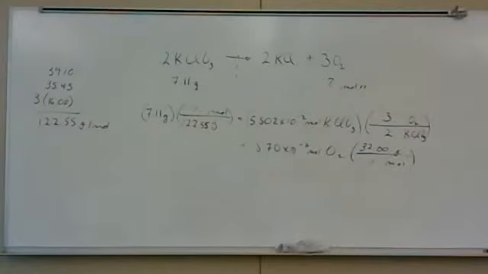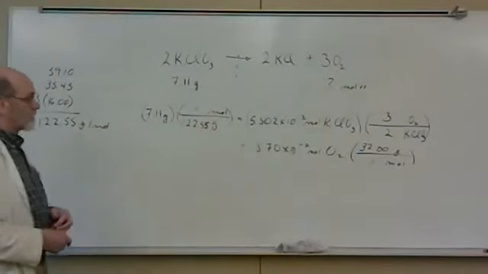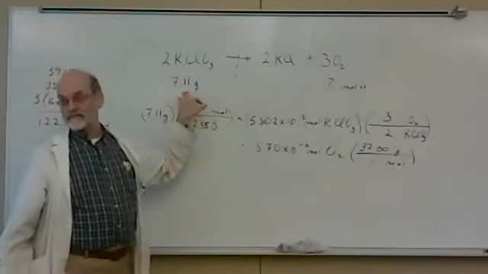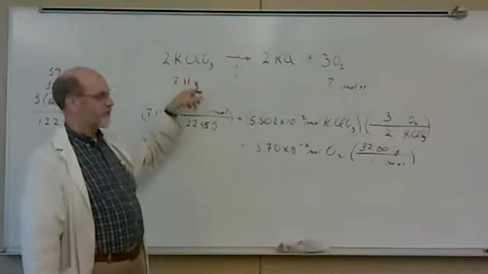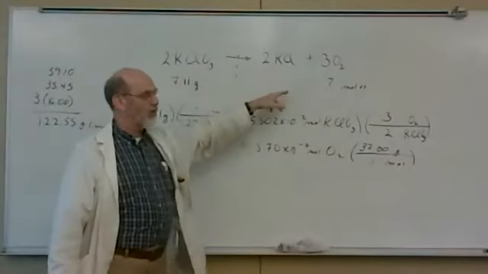Let's see what else we can come up with. There's stoichiometry. Is there one with limiting reactants? That would be a good one to go next. Because this reaction has only got one reactant. So when it completely decomposes, it doesn't matter how much of anything else there is. It's going to make all of that.